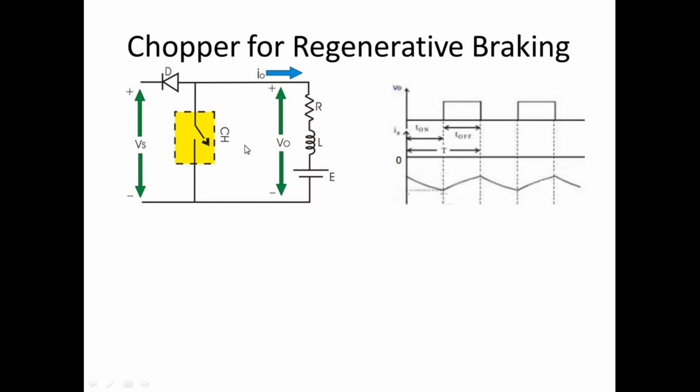When the switch is turned off, the diode D becomes forward biased and starts conducting. During the on period, the inductor stores some energy.